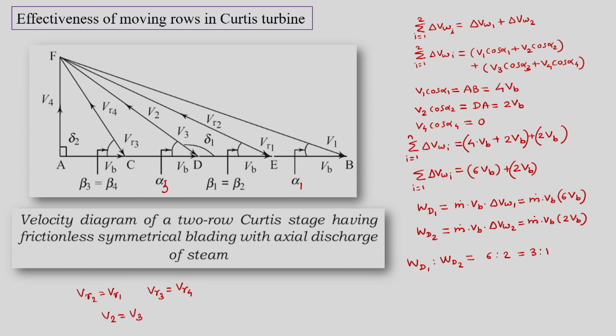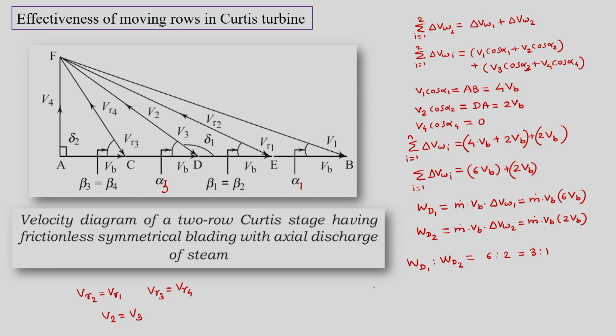So, the first stage of the Curtis turbine does basically 3/4 of the work, and the second stage does 1/4 of the work. So, total work is 4, like 3 plus 1, but out of 3 plus 1, 3 units of the work are done by the first moving blades and 1 unit of the work is done by the second moving blades.